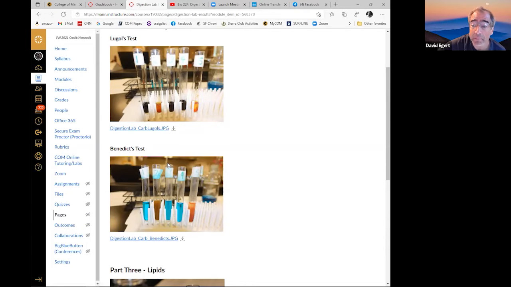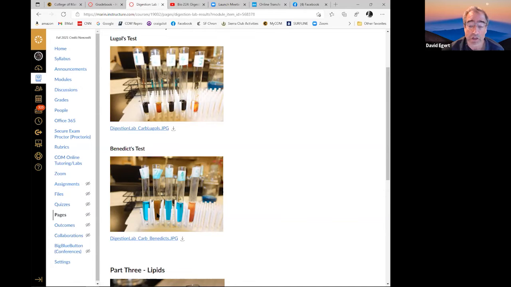Also in your lab practical, your lab exam, that's going to happen in a week and a half. It's like on the last day of official class. Part of a lab practical is knowing how we measured stuff. So you should be able to understand what these pictures mean, what the significance of these colors are, and what they tell us.